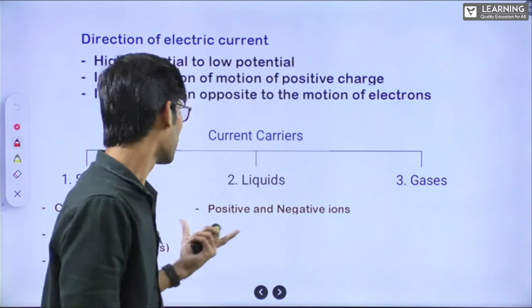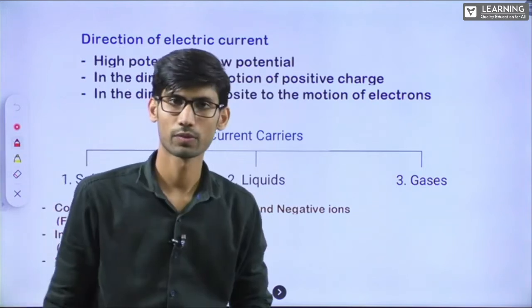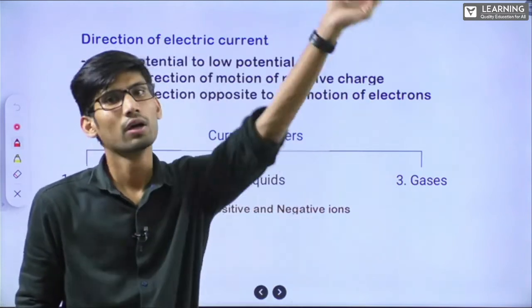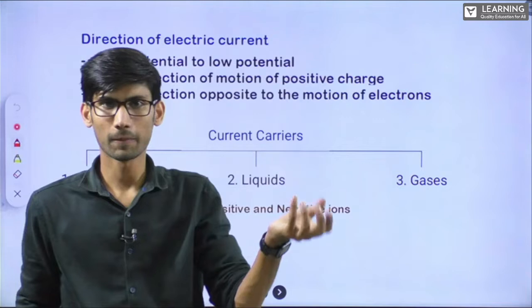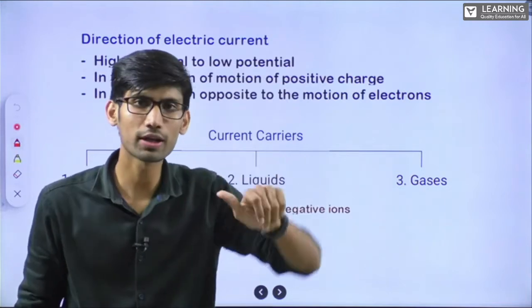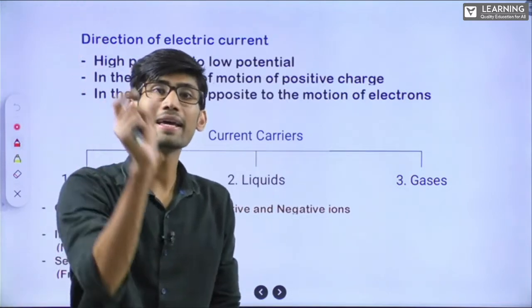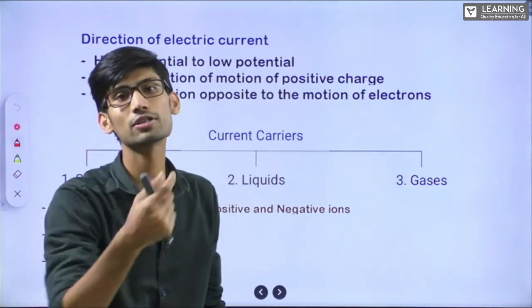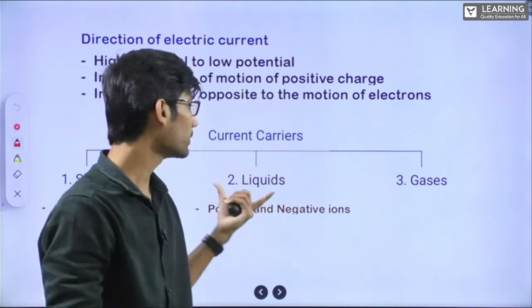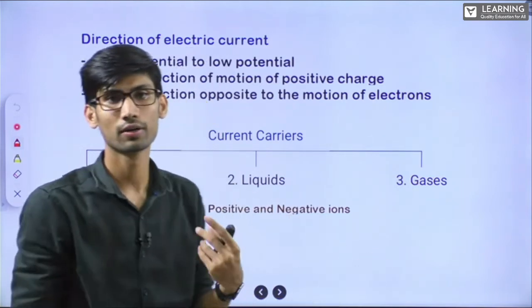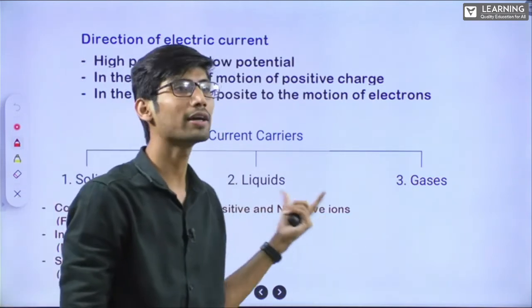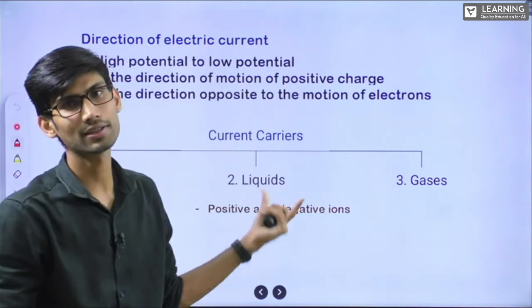Okay. Liquid. Positive and negative ions. Normally in water, if you see, there will be no current carrier. But let's say if I mix salt in that water, so now the Na plus and Cl minus will be the charge carriers. Okay, they will be the current carriers. It will start conducting. So positive and negative ions will be the charge carriers in liquids.